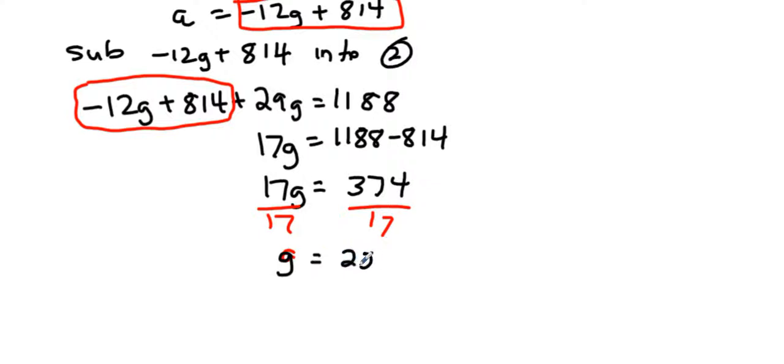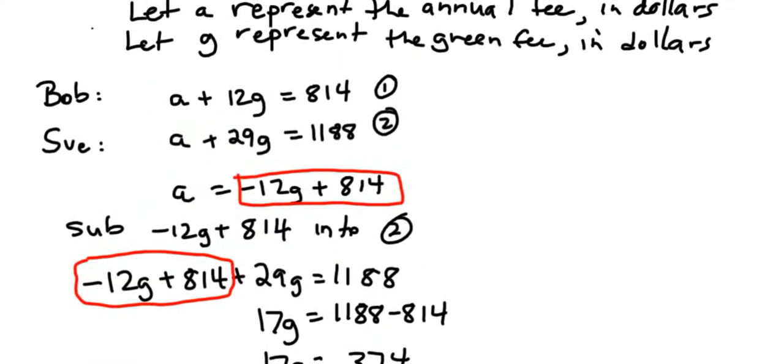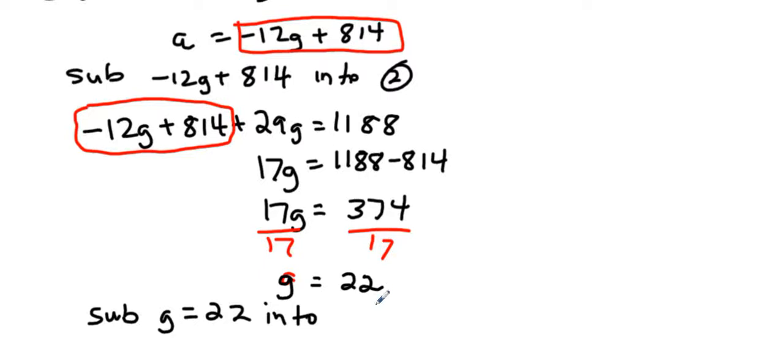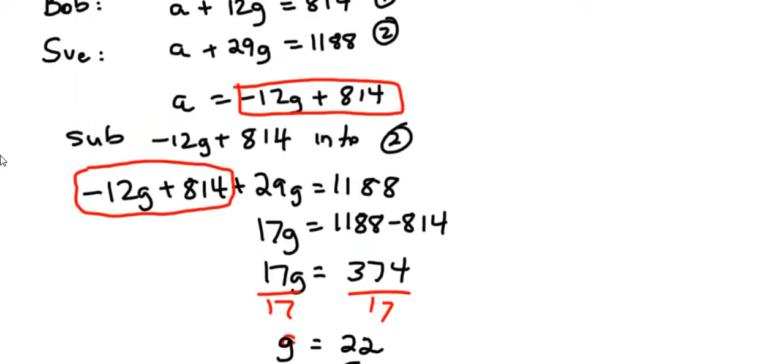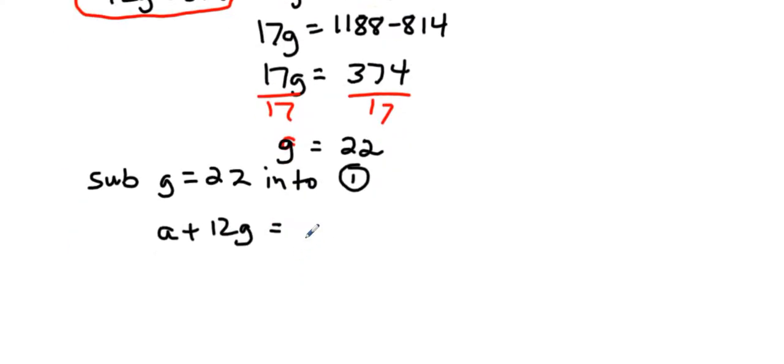So this is 22. I'm going to sub G equals 22 into, let's see, 1 or 2. Does it really matter? I don't think so. Let's put it into 1. So it's A plus 12G equals 814.